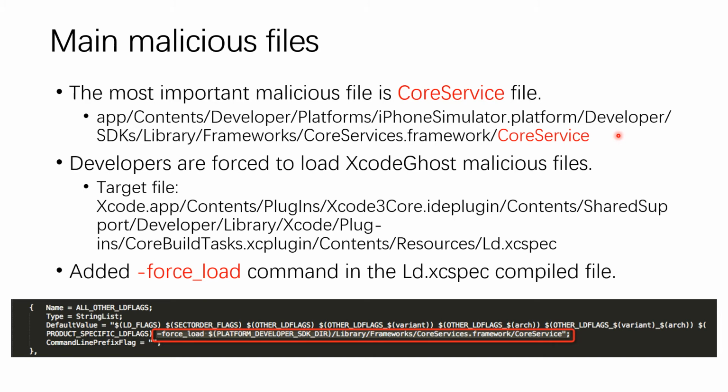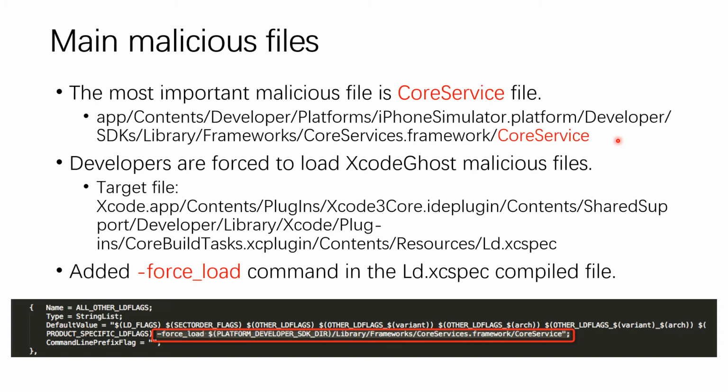Because almost all applications rely on this component for development, CoreServices is a service layer of the iOS system and is mainly composed of two parts: the CoreServices library and advanced functions based on CoreServices. And after inserting the malicious component in Xcode, the attacker infects apps by modifying the original configuration file of Xcode.